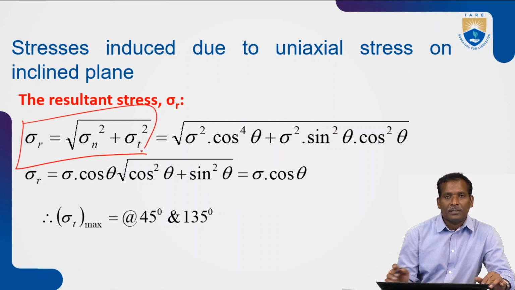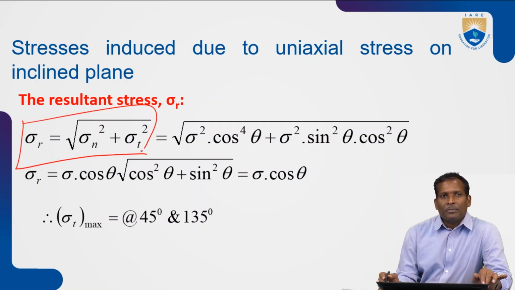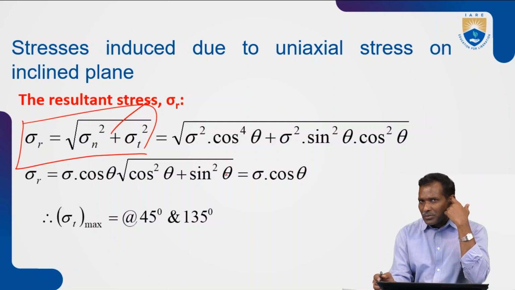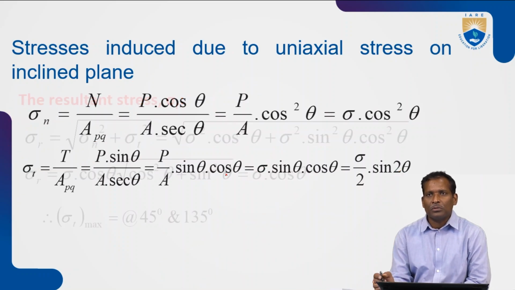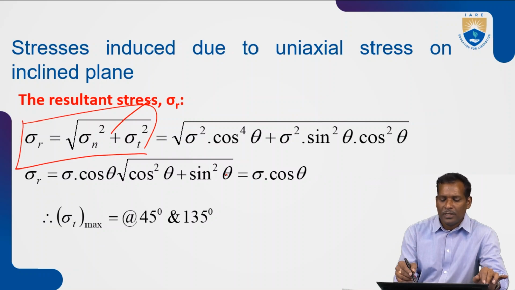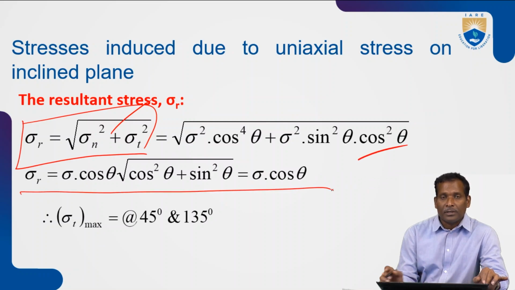The resultant stress is equal to the square root of normal stress square plus tangential stress square. Substitute the normal stress sigma cos square theta and the tangential stress sigma by 2 sin 2 theta, and after simplification you will get sigma cos theta outside and the square root of cos square theta plus sin square theta.